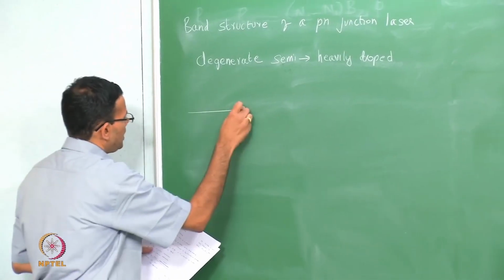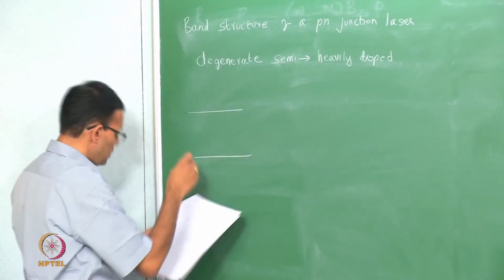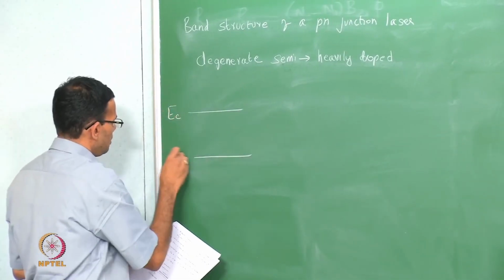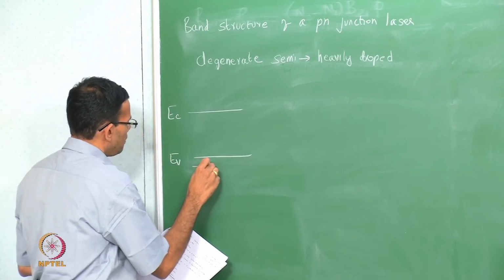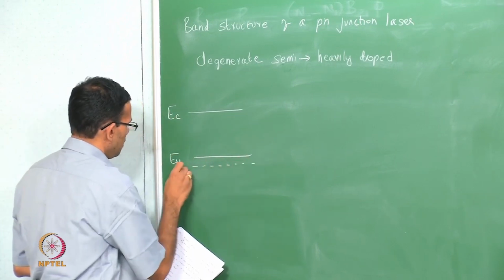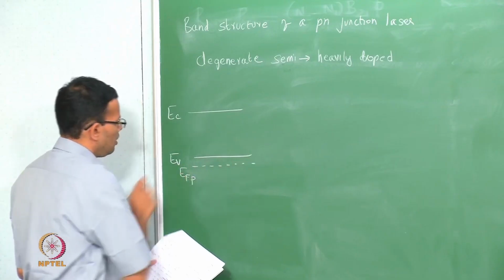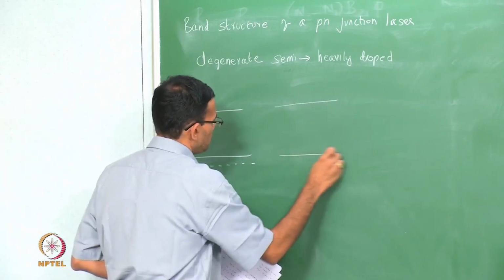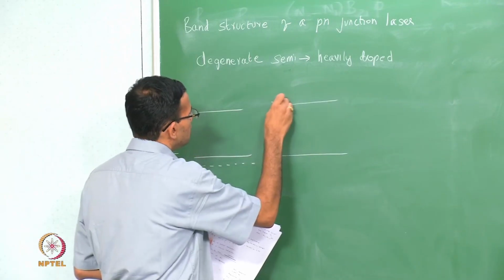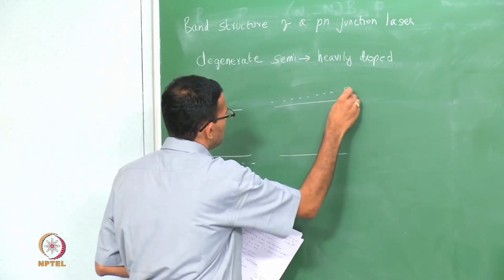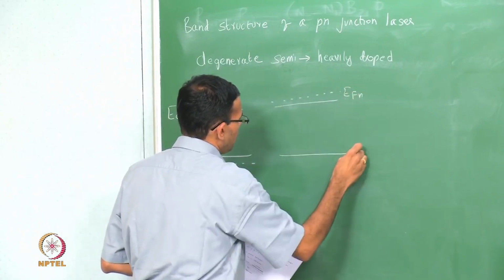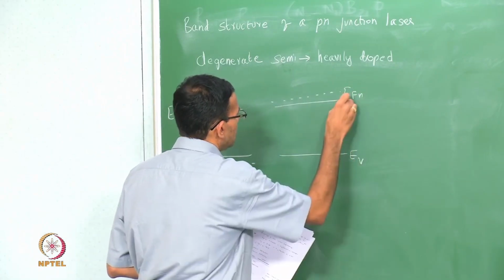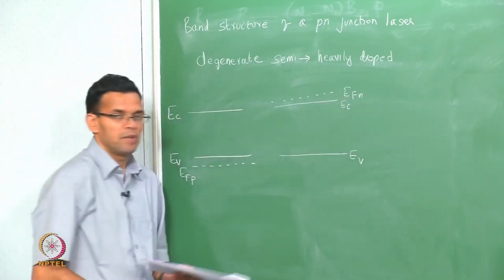So, we can have a p side, this is EC EV, and your Fermi level lies within the valence band. Similarly, you can have the n side where the Fermi level lies within the conduction band.